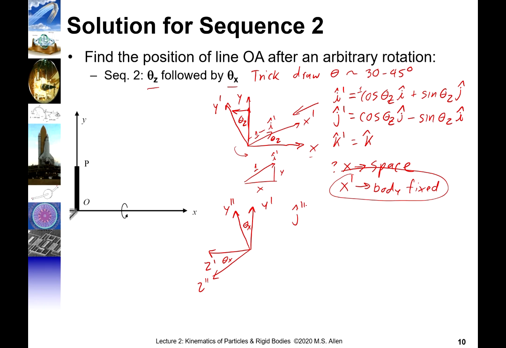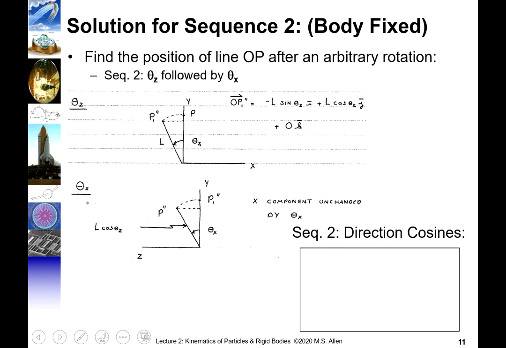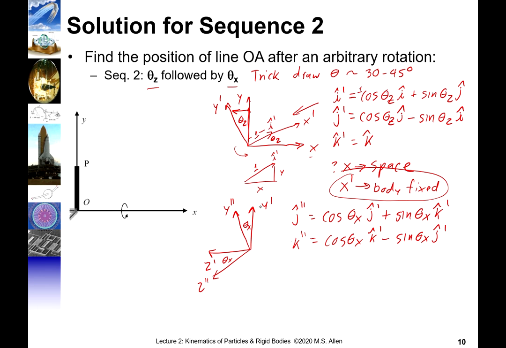So I won't belabor the point, but again, putting the j double prime in terms of the axes there, this time we'll have a positive cosine theta x in the j prime direction plus a sine theta x in the k prime, and then the k double prime, that axis will have a cosine of theta x in the k prime minus a sine theta x in the j prime, and then the I-axis is unchanged, and that is our rotation.